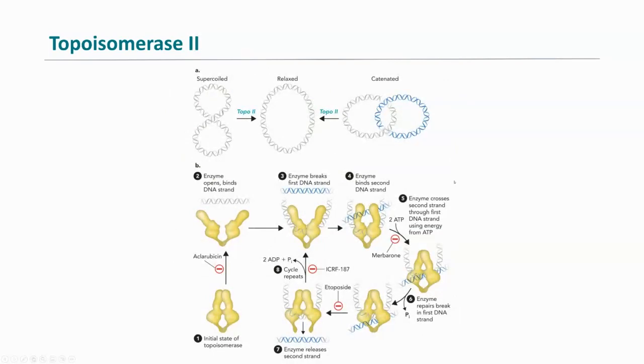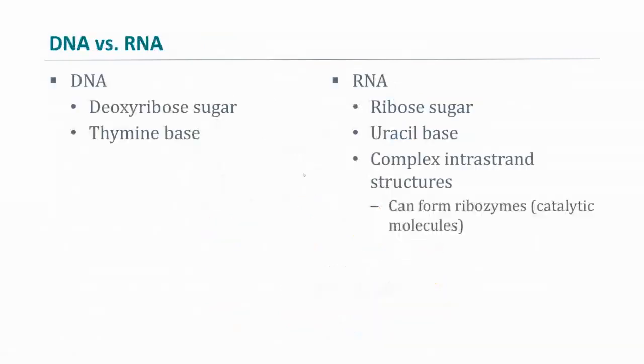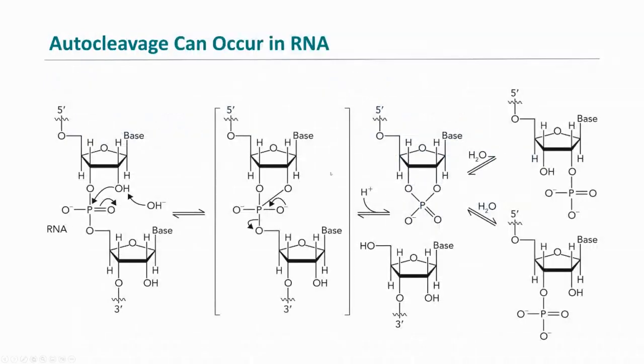And type 2, topoisomerase 2, basically topo 2, you see the supercoil. Originally it is right-handed, and then you relax it, and it becomes like this. That's topo 2. Okay, so that's the topoisomerase.